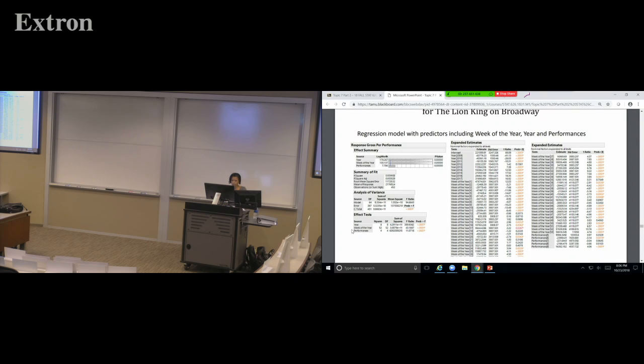Okay. So for year, we have from 2009, as you know, to 2017. For week of the year, we're talking 1 through 53. And then for performances, performance numbers go from 5 to 9, with 8 being the traditional, the typical.